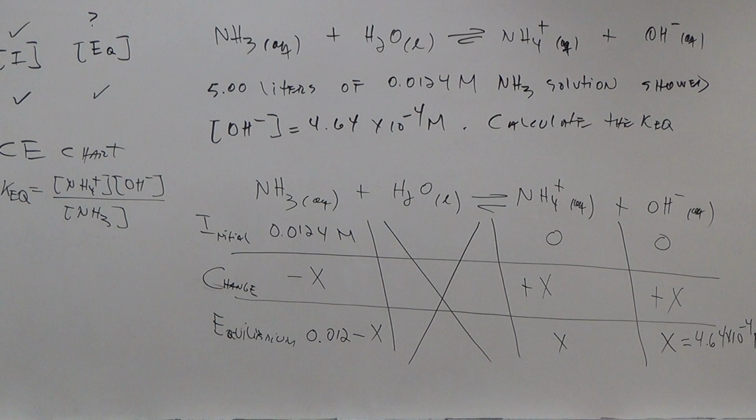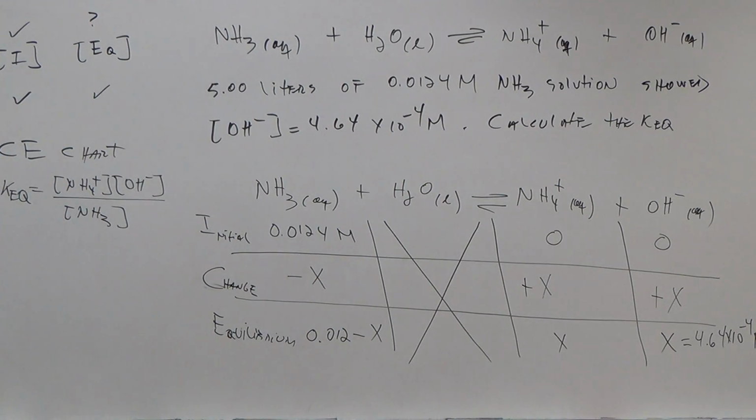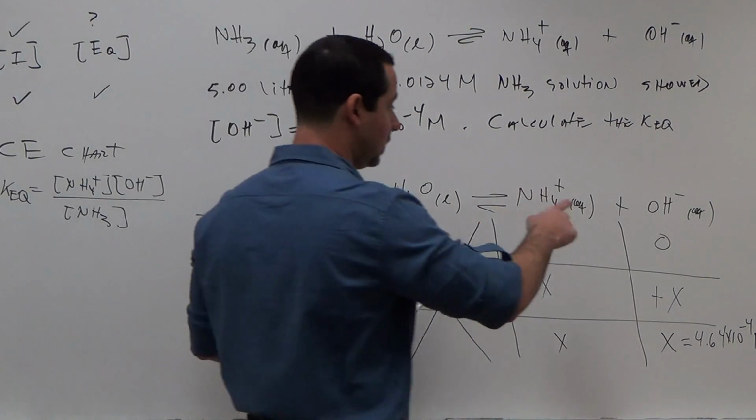If that number would have been 0.12 plus x is equal to that number, yes? You got to find x from there. Yes or no? This is where, if you think the way you were thinking, you'll make a mistake here. That is a number at equilibrium, but I need to find x.